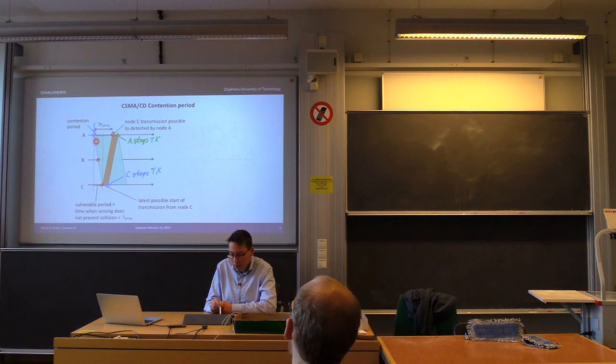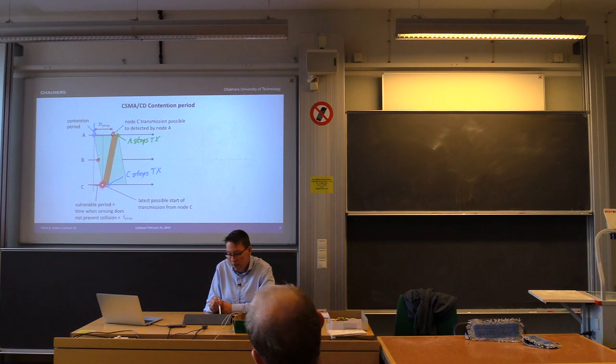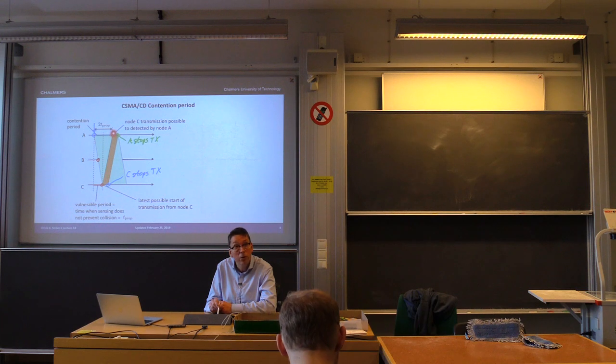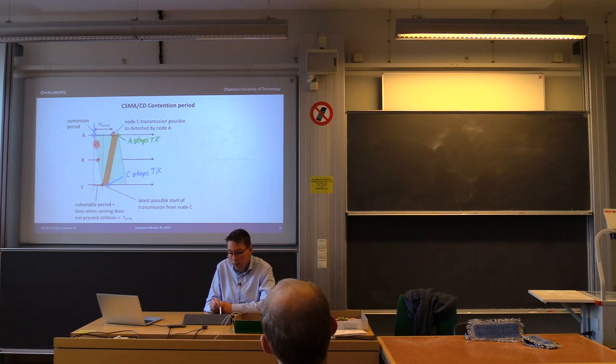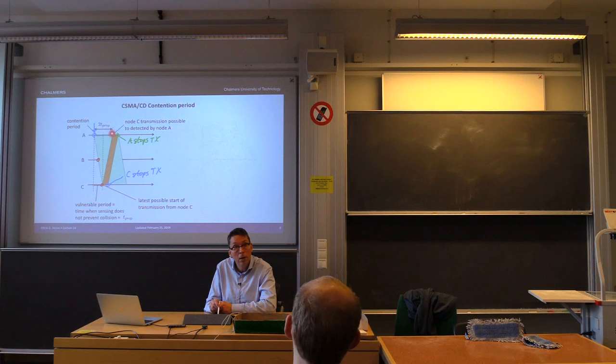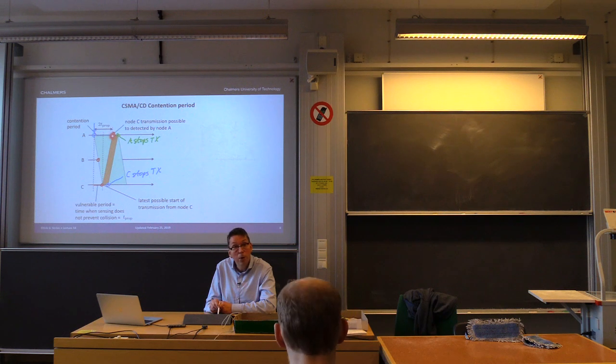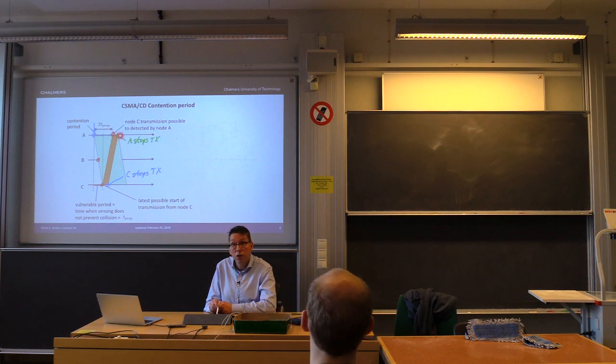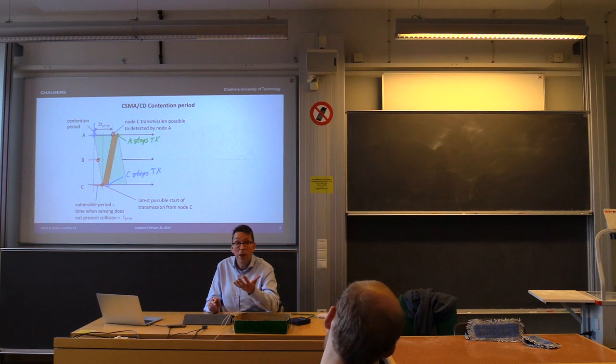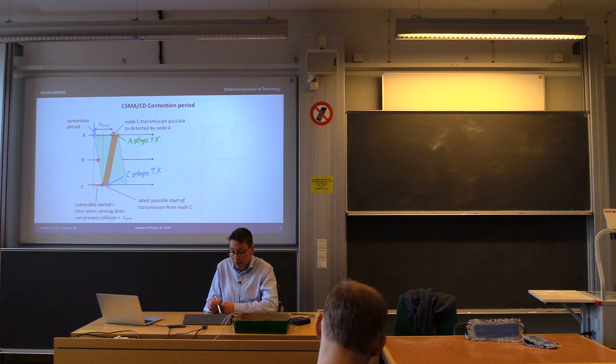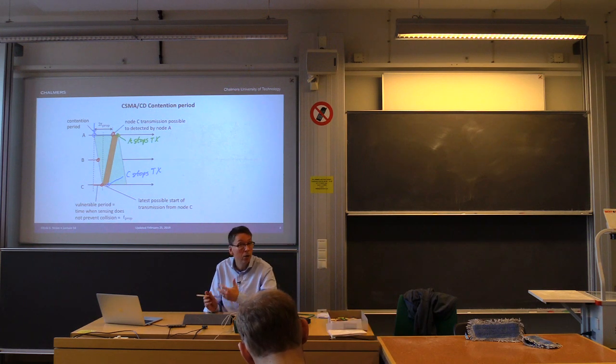It takes t prop to go over to the other side, and it takes t prop for the other frame to get back to A. So it's like the round trip time, 2 t prop. If A, after 2 t prop, has not detected a collision, it knows that there will be no collision, because then sensing will prevent all other nodes from transmitting.